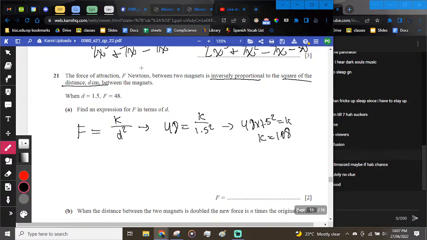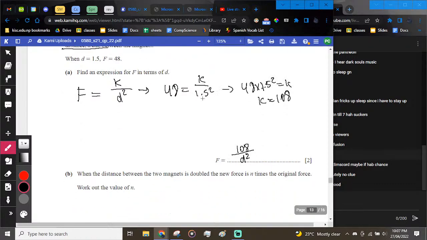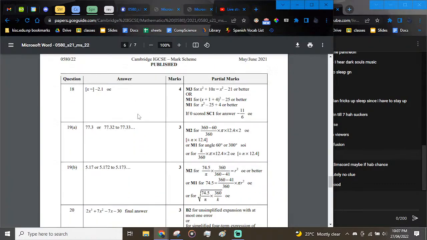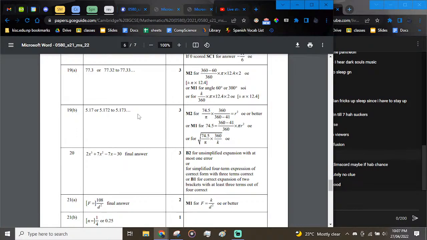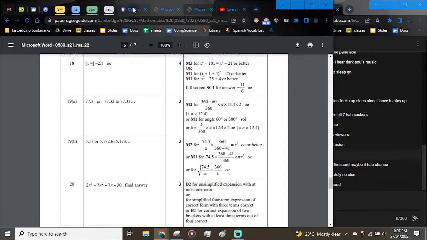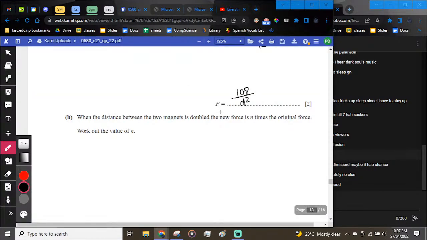Therefore, F is 108 over D squared. That's all it's asking for. I can check it one time. Yeah, 108 over D squared. Precisely.